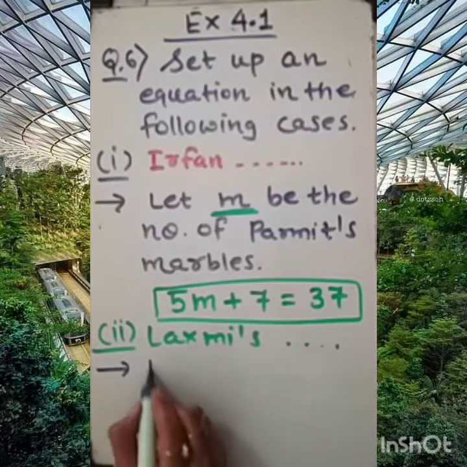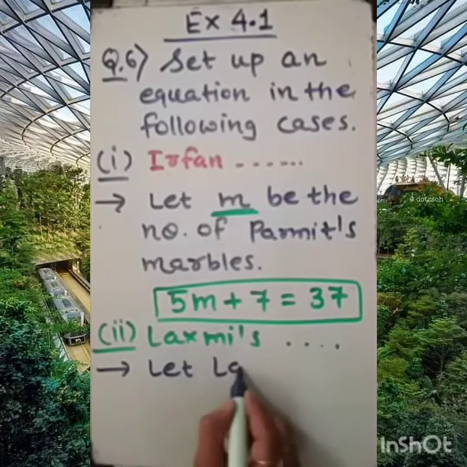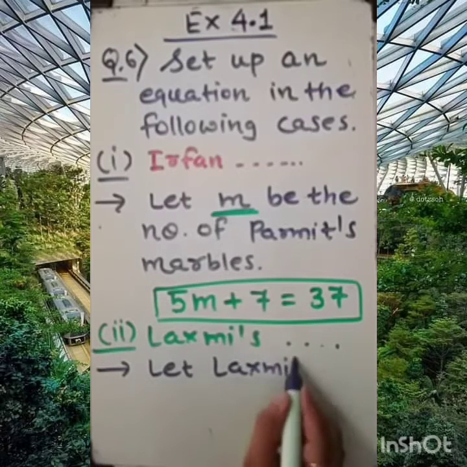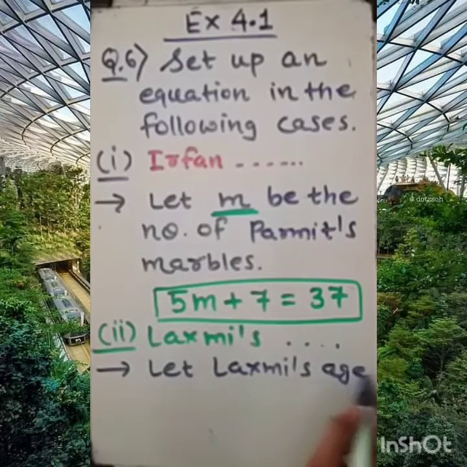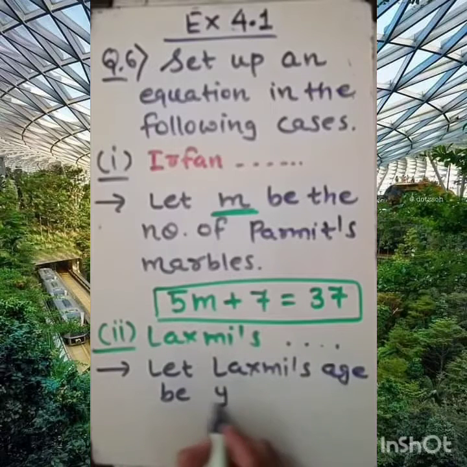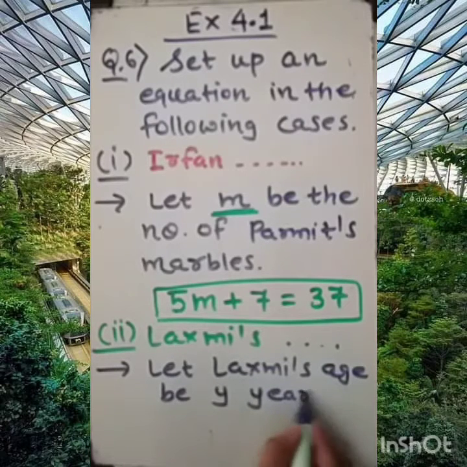So let Lakshmi's age be y years. According to the question, we need to find the statement: 3 times Lakshmi's age. Look at your screen. 3 times Lakshmi's age means 3y. Agree?